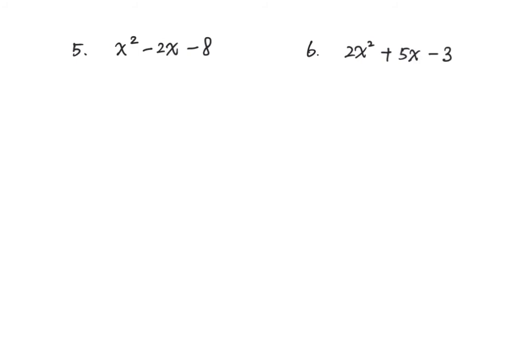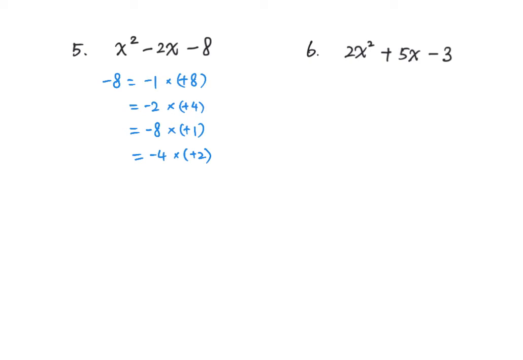So x squared minus 2x minus 8. For this one, negative 8 can be factorized as negative 1 times positive 8, or negative 2 times positive 4, or negative 8 times positive 1, or negative 4 times positive 2. So we have four ways to factorize negative 8.